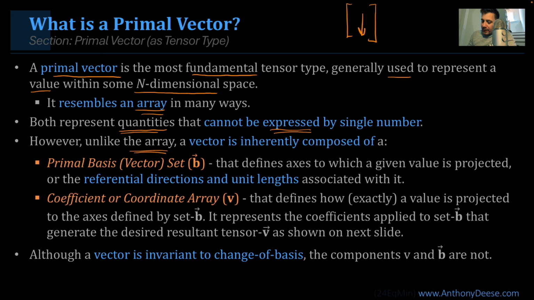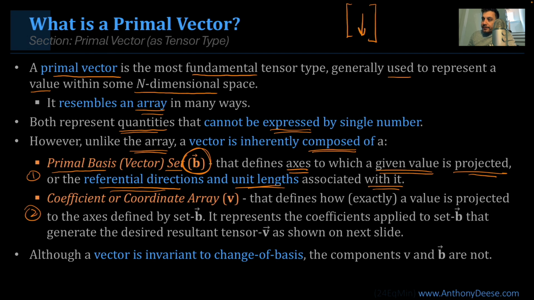However, unlike the array, a vector is inherently composed of two things. And hopefully that should be familiar. We've already shown what those two things are. We have a primal basis vector set, which we generally represent with some variation of the variable b. It defines the axes to which a given value is being projected, or the referential directions and unit lengths associated with it.